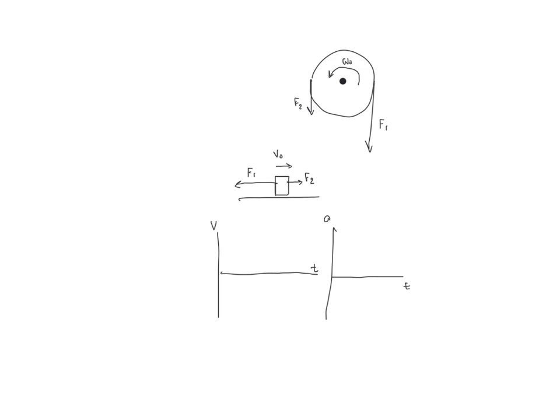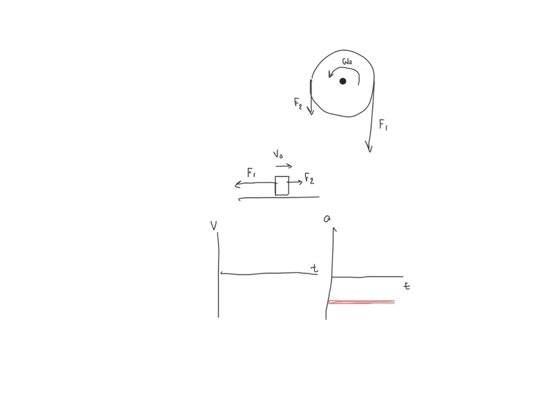Let's do the acceleration graph first because it's easier. On this diagram, the net force is to the left, which is negative, so there's going to be an acceleration to the left, which will also be negative. And that acceleration is going to be constant because these forces are constant. So you're just going to have a constant negative acceleration on that graph.